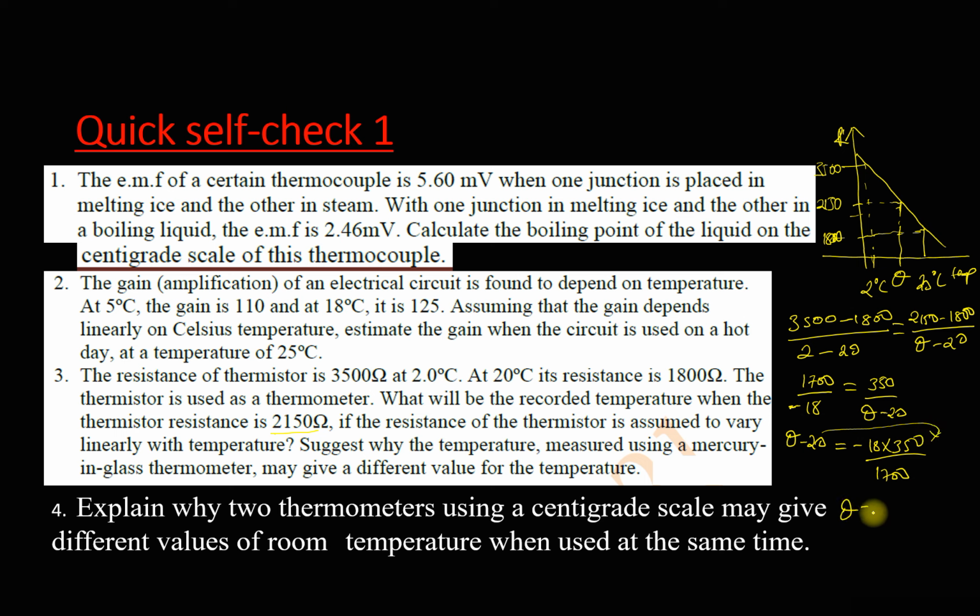So theta is equal to minus 18 times 350 divided by 1700, so this is minus 3.7 plus 20. Yes, minus 3.7 plus 20.